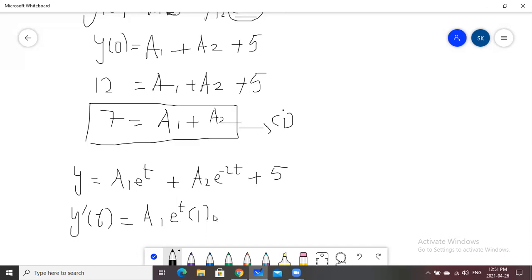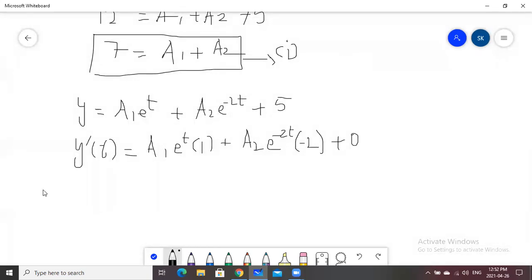So a1 e raised to power t into 1 plus the next one, a2, is also a constant. We will write e raised to power minus 2t as it is. And then the derivative of minus 2t will become equal to minus 2, plus the derivative of 5 is equal to 0.